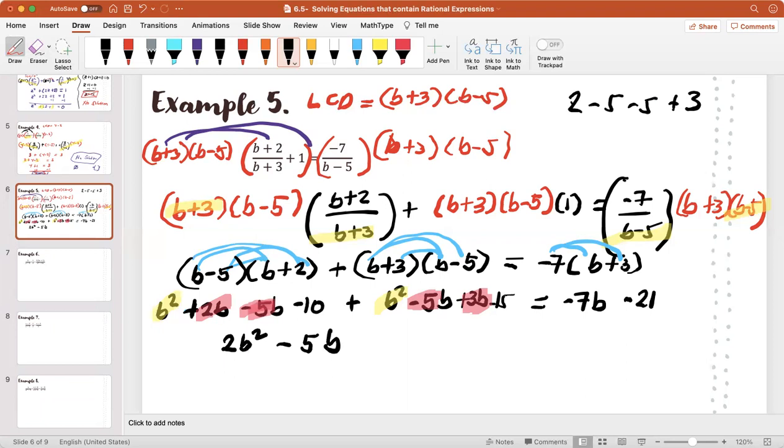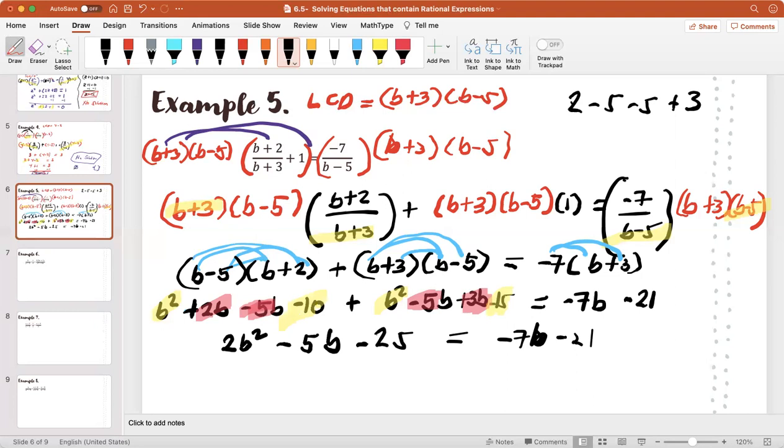Next, we have negative 10 minus 15. What is negative 10 minus 15? We have negative 25. And that's equal to negative 7b minus 21.